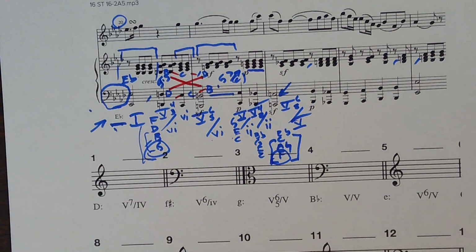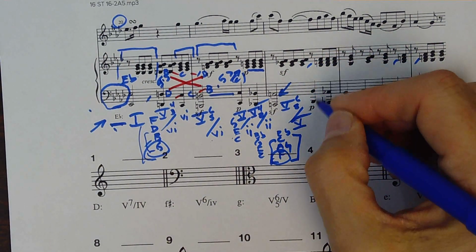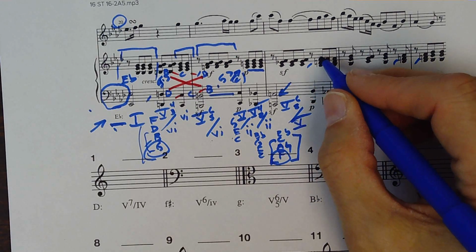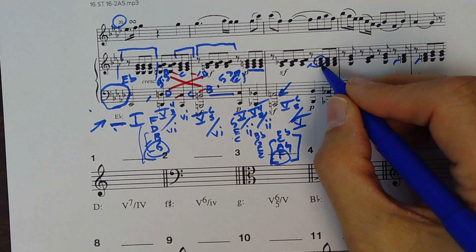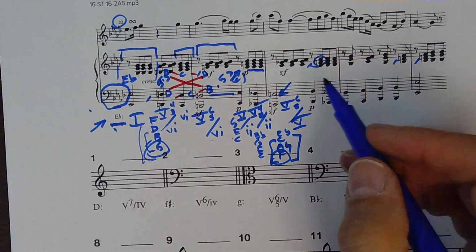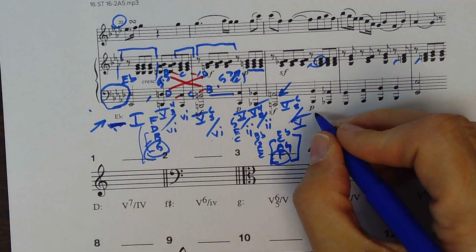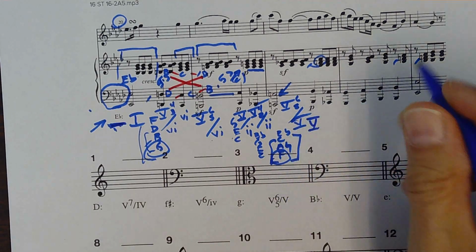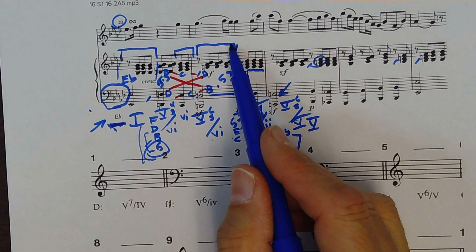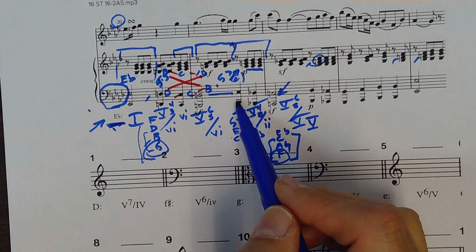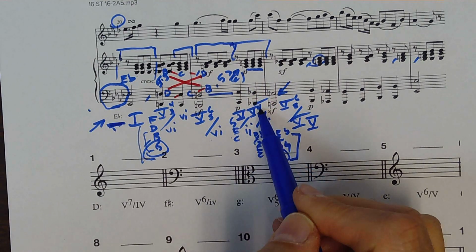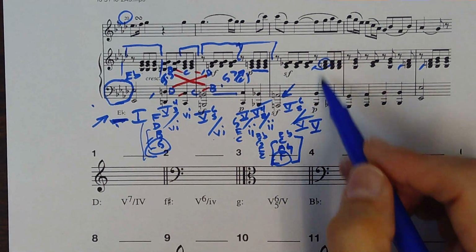Okay, we'd expect that to go to a 5, and I see right here B flat, D, F. Remember, this D right here is not a chromatic alteration because we're in the key of E flat, which has a D natural in it. So this is taking us to the 5 chord. This is exactly what happened over here. Remember, we had a C major chord, and then the bass stepped down to the 7th, giving us C, E, G, B flat. Right here, we've got a B flat major chord.